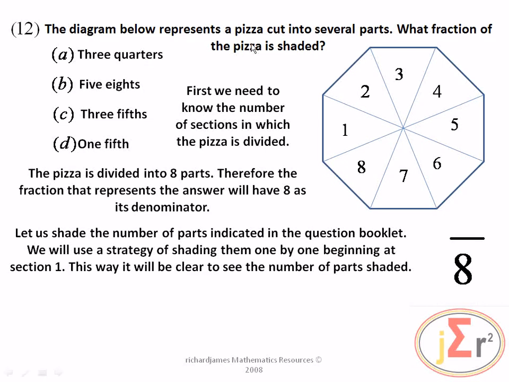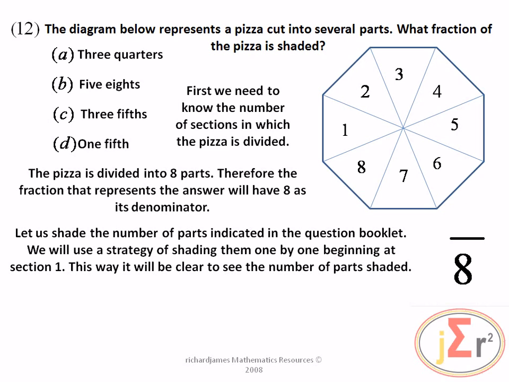Therefore, we just solve the problem as it is indicated in the statement that we have up here. So let us do exactly what the problem says. We are going to determine the fraction that is shaded, not the fraction that was eaten. Alright? So, we are going to shade the sections that are indicated in the question booklet.